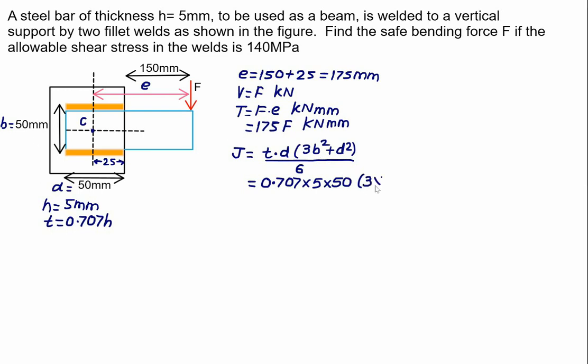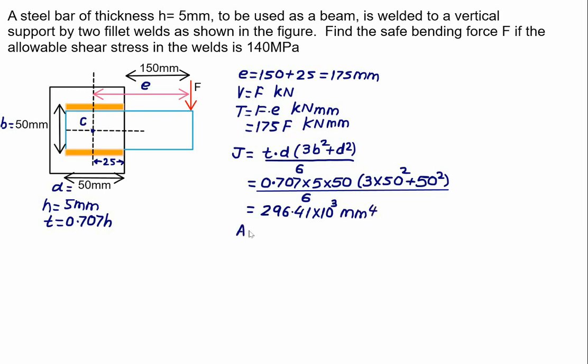So we have 3 times 50 square plus D square, which is 50 square, divided by 6. So the total polar moment of inertia comes out to be 296.41 into 10 to the power 3 mm to the power 4.